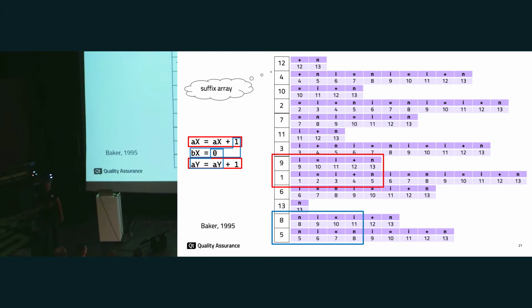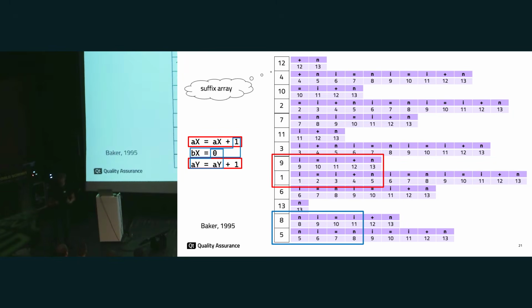A suffix array is the enumeration of all suffixes ordered by some lexical ordering. So I did the ordering, and this would be suffix 12, suffix 4, suffix 10, and so forth. So my program representation here would then be linear in space to the original program, which is nice.